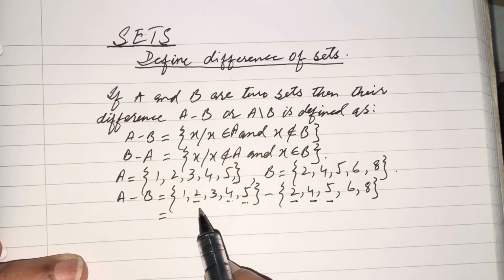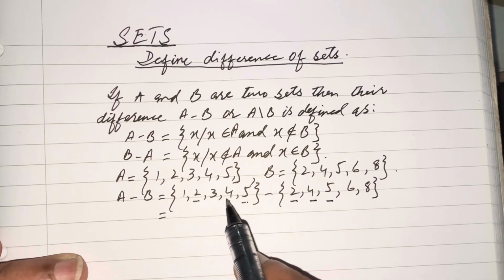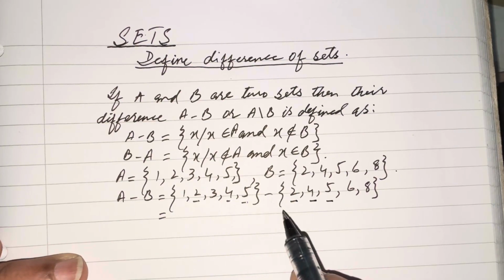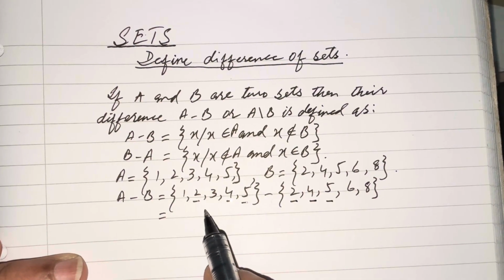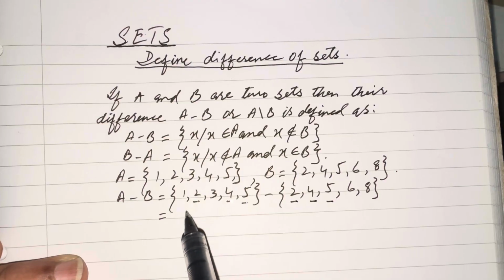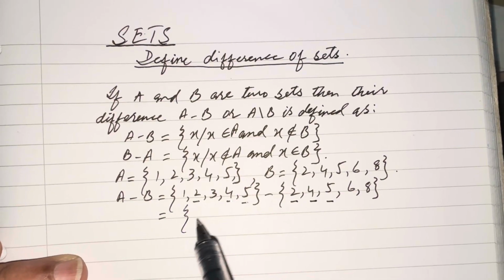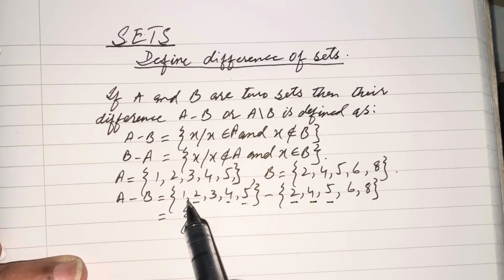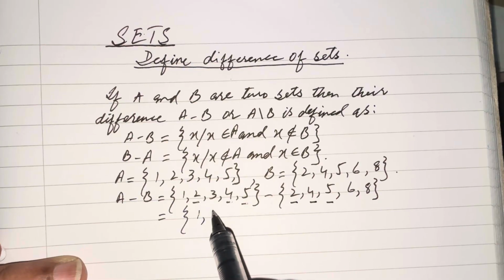So in subtraction, we are going to take these elements out of the first set, and the remainder elements we will write down. So the remainder elements will be 1 and 3.